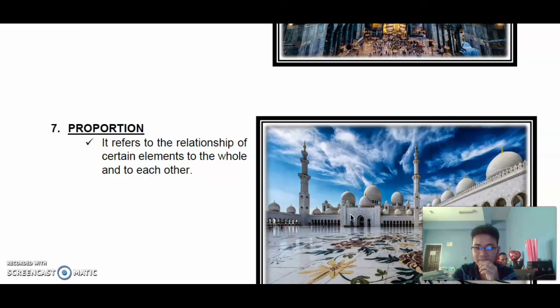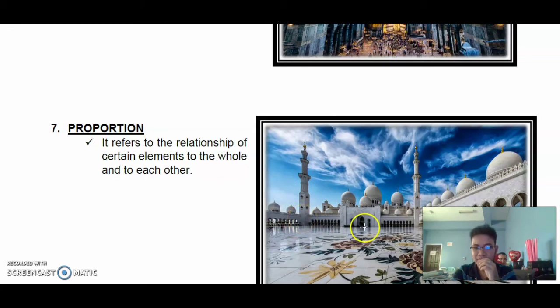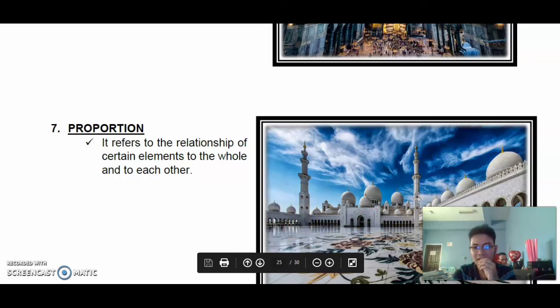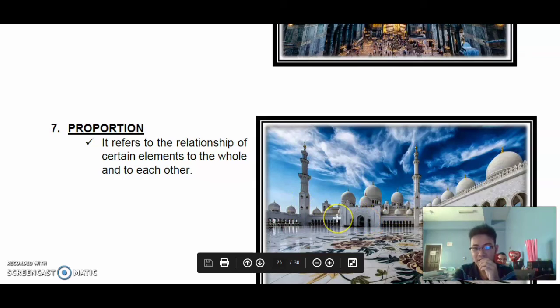Maybe this is something that would create a balance on both sides of this building. Maybe these two have purposes, for example, for the bell. Like in the church, they have this tall building which is for the ringing of the bell.